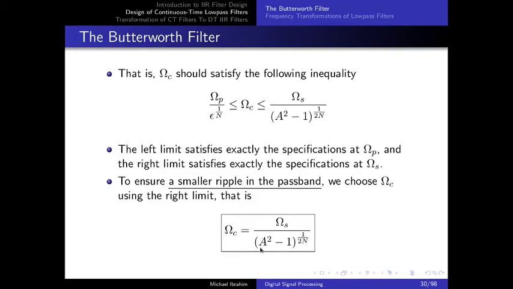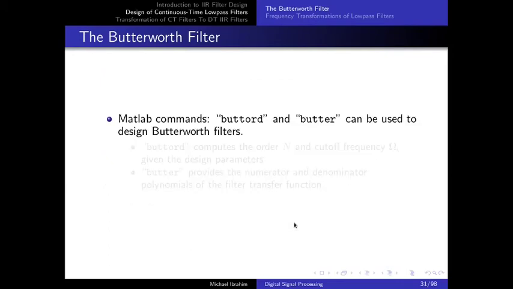A is the stop band attenuation as a ratio, and A_S is the stop band attenuation in decibels, and we have a relation between A and A_S, and capital N is the order of the filter. So omega C is related to the order of the filter, to the stop band attenuation, and the edge of the stop band.